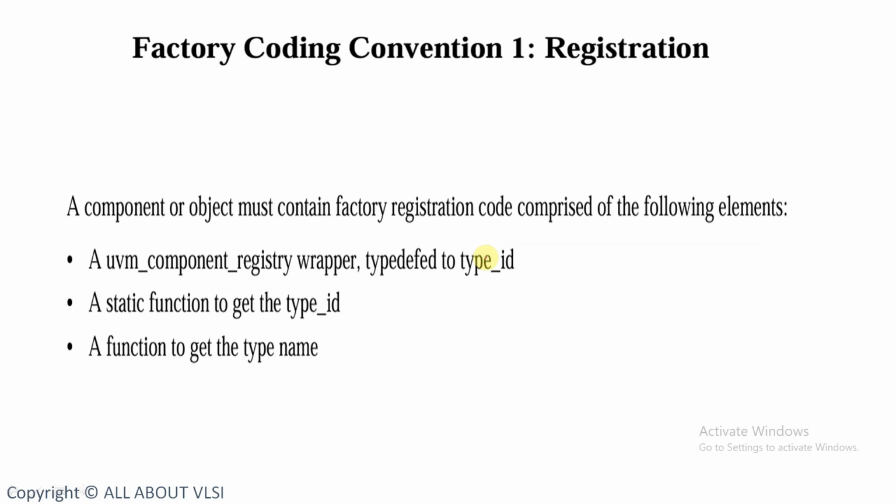Coming to the factory coding convention, a component or an object must contain factory registration code. You take any component or any object, it must contain factory coding. You must always register your class, whether it is a component class or an object class, with the UVM factory.